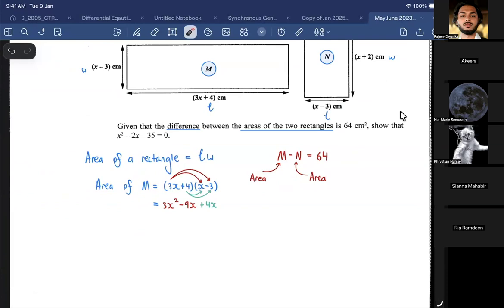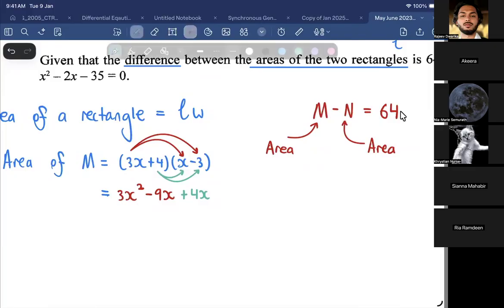So we're multiplying 3x plus 4 by x minus 3. 3x by x, 3x by minus 3, we did already. And then 4 by x is 4x. The last thing is 4 by negative 3. What will that be? Negative 12. Yep.